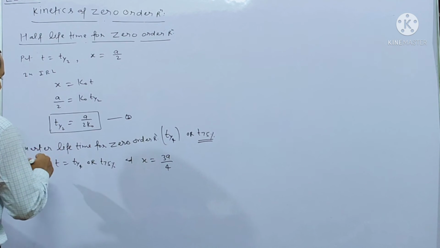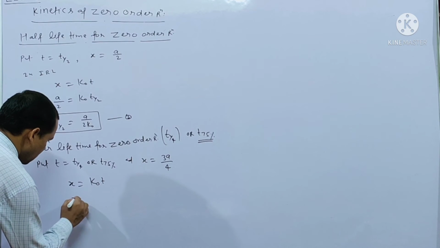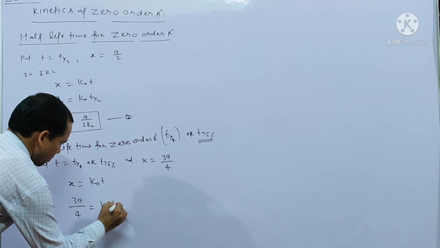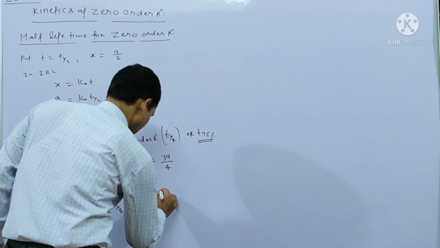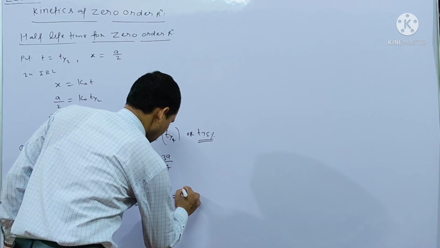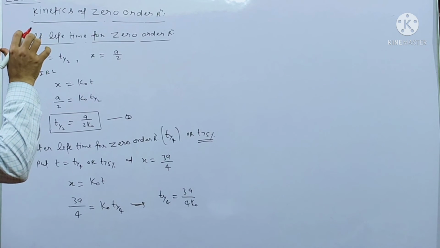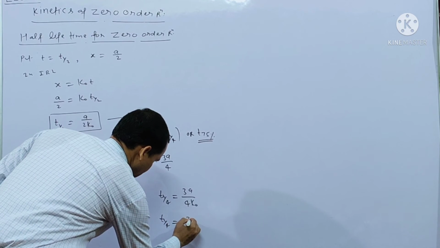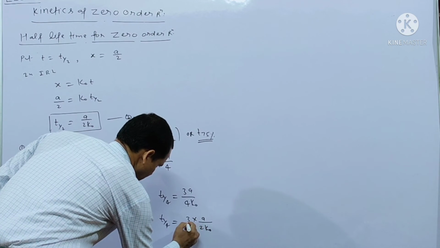So put in this equation x equal to K naught t, with x equal to 3A upon 4, K naught into t 1 by 4. So we can write t 1 by 4 equal to 3A upon 4 K naught. We can also express this as t 1 by 4 equal to 3 into A upon 2K naught, divided by 2, right?